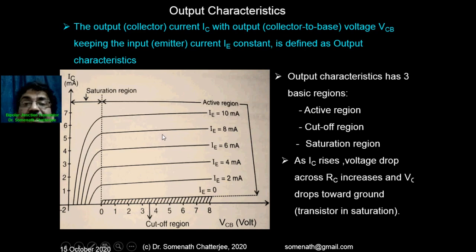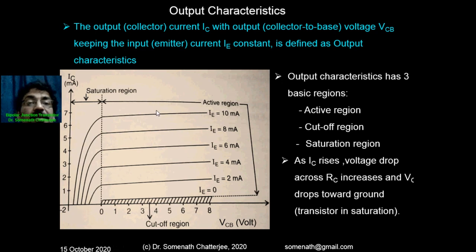And here what we have seen is that first it is linearly increasing, so it is an ohmic region, and that part is called the saturation. But after that, when we increase the collector to base voltage, that means the output voltage, the collector current will not increase drastically, only a very small variation, almost parallel to the x-axis, that means the voltage axis.